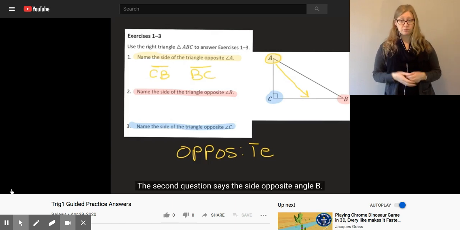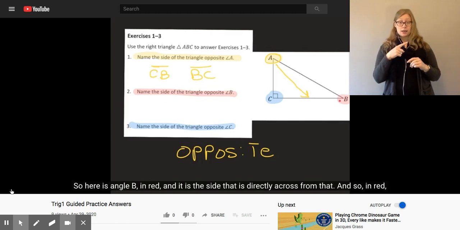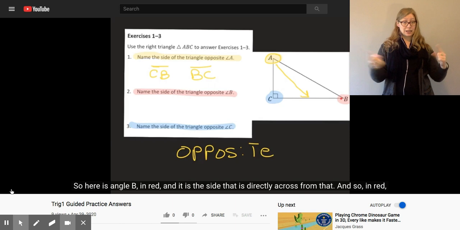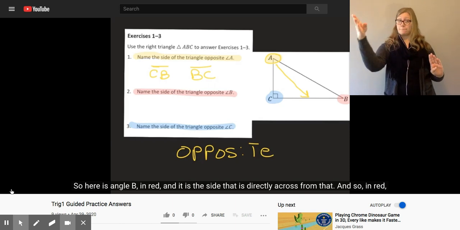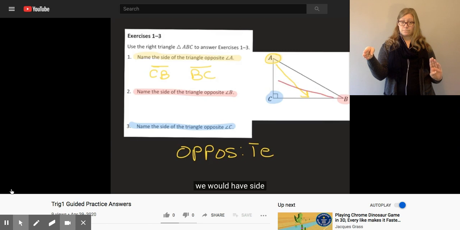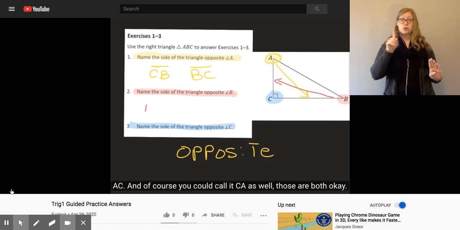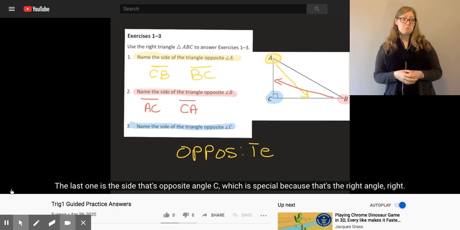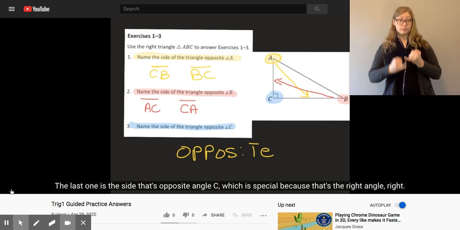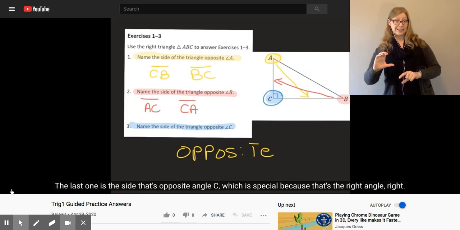The second question says the side opposite angle B. So here is angle B in red, and it is the side that is directly across from that. And so in red, we would have side AC. And of course, you could call it CA as well. Those are both okay. The last one is the side that's opposite angle C, which is special because that's the right angle, right?